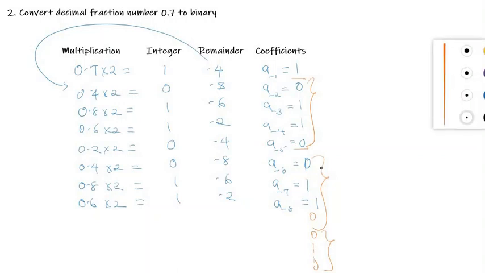Therefore, the answer in this case is that 0.7 base 10 will be equivalent to a minus 1, a minus 2, a minus 3, a minus 4, a minus 5, etc.